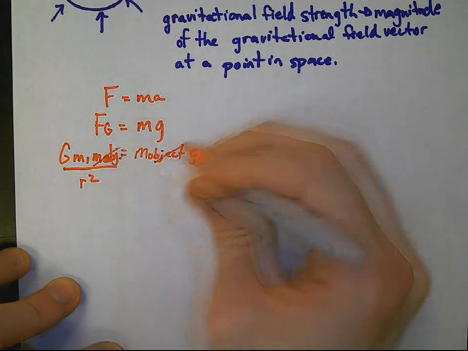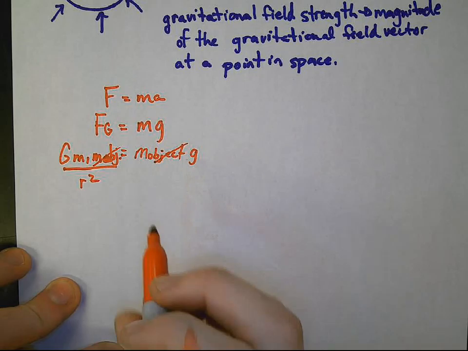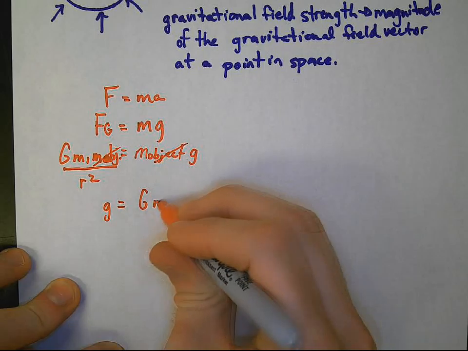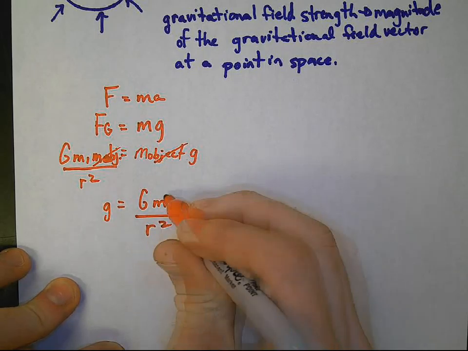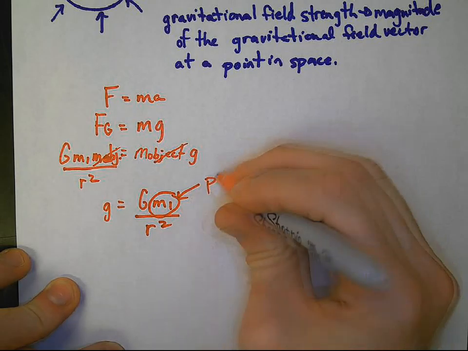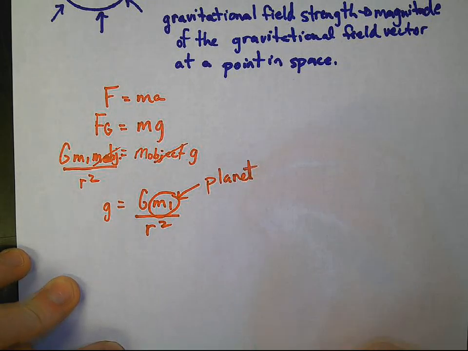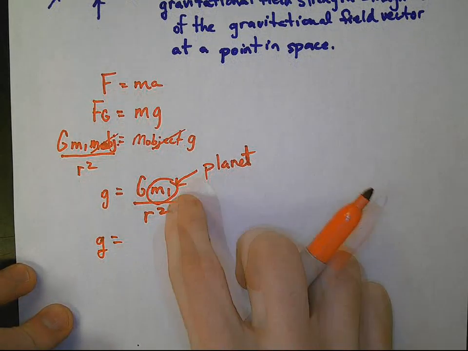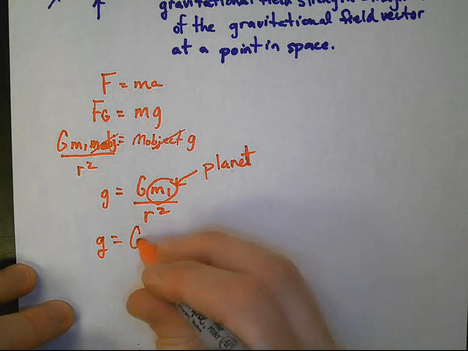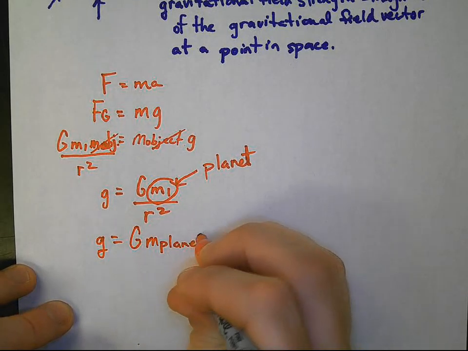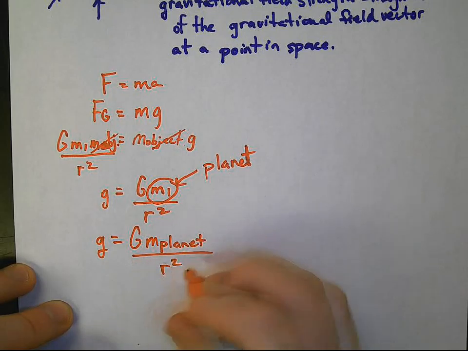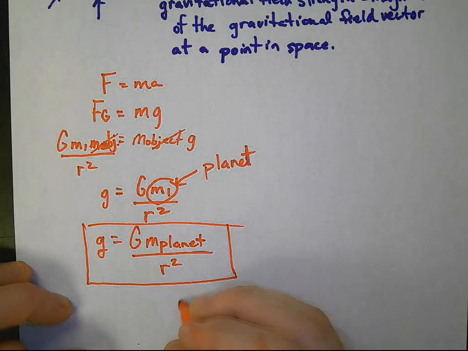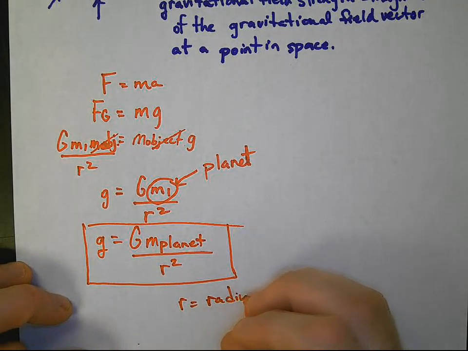Solving for g, we get that g is equal to G m1 all over r squared. Typically this m1 is the mass of some planet. So the gravitational field strength on some planet, because it's a spherical object, is G times the mass of the planet, all over r squared, with r being in this case the radius of that planet.